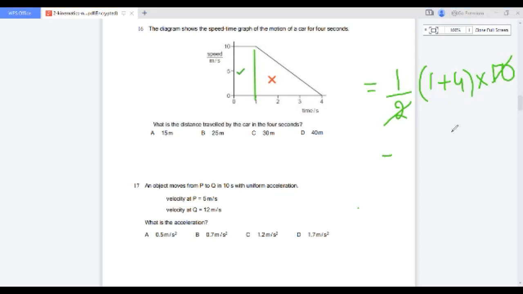We are left with 5 times 5, just 25. So our correct option is this one, and these are the wrong ones.